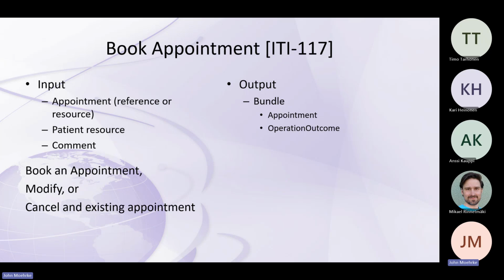So the idea here is that book appointment is kind of an equivalent of a RESTful update, and that the input parameters are either A, a reference because you're just booking it, or B, a copy of the resource, for which you can do that in both cases as well. So this is a little bit more than just book. It's also just update, but predominantly it's going to be used to book the appointment.